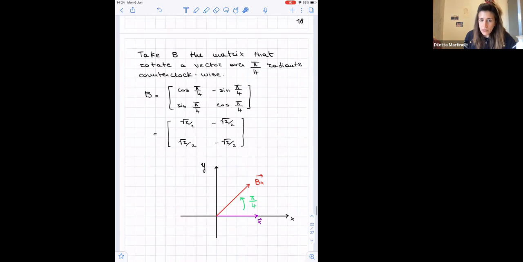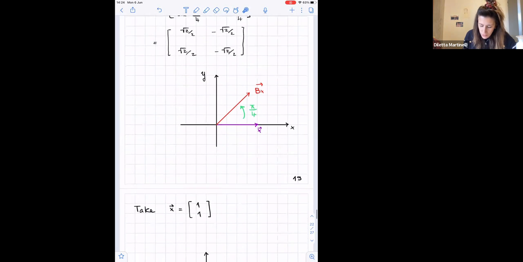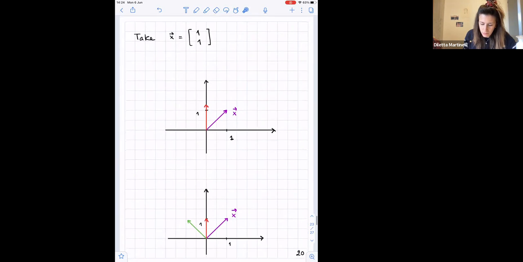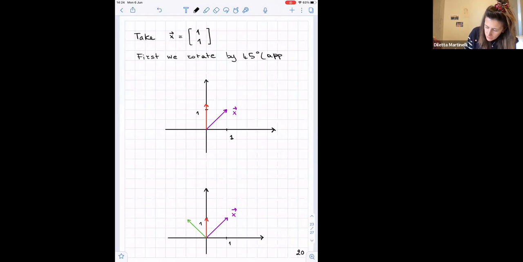And then these are the two operations that we want to apply. And we want to see that in the end, they are not commutative. So let's do it together. First, we take the vector 1, 1, and first we rotate by 45 degrees. So we apply B, and then we project.